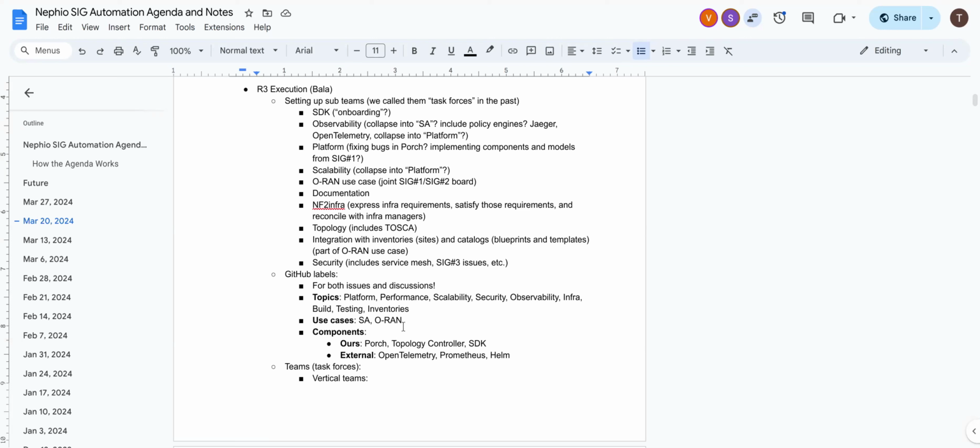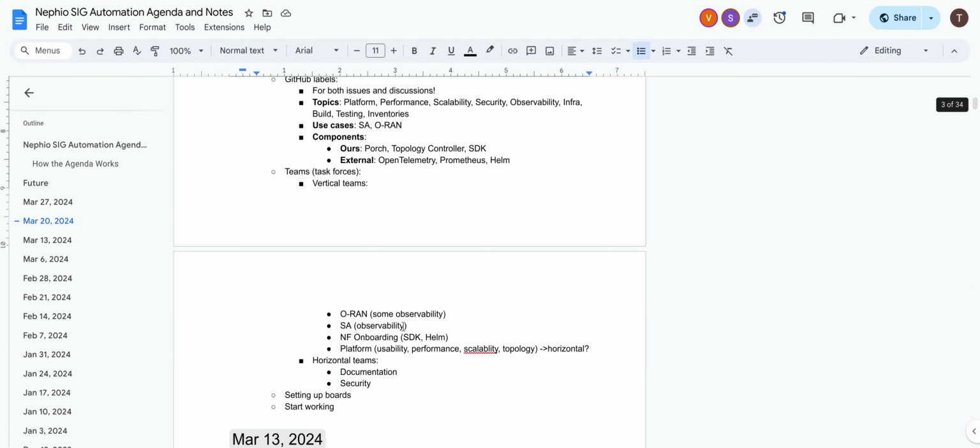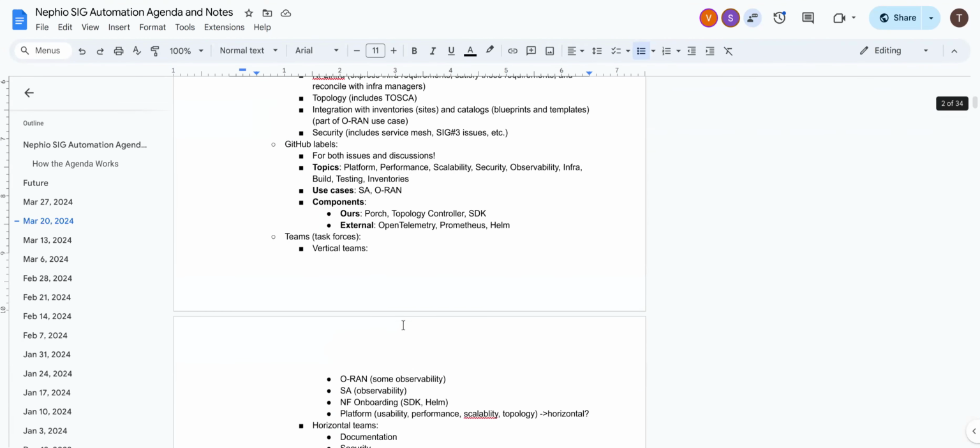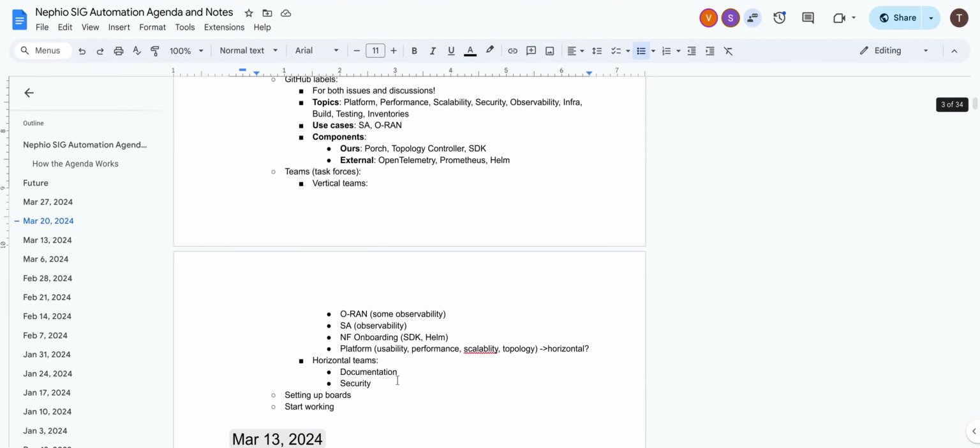And we came up with, I guess, two ways of looking at the task forces. Either verticals on specific topics, or what I call horizontal teams that would be cross-topic, right? They won't maybe have their individual board, but they might have a label, or they could have their individual board.